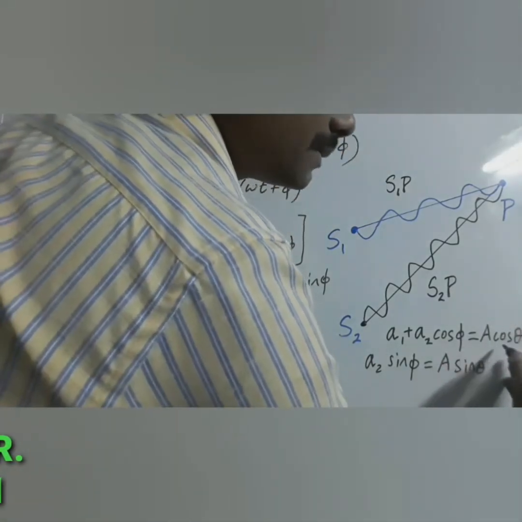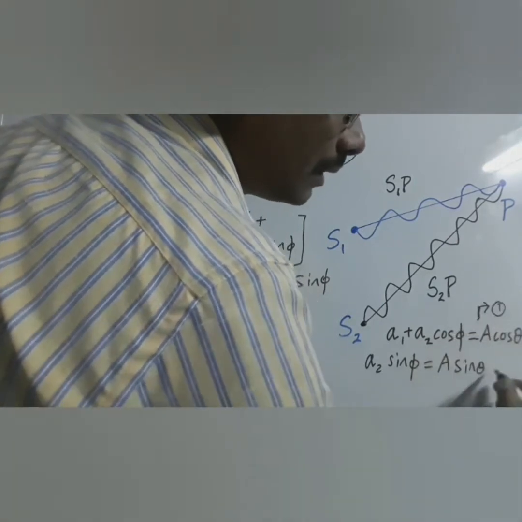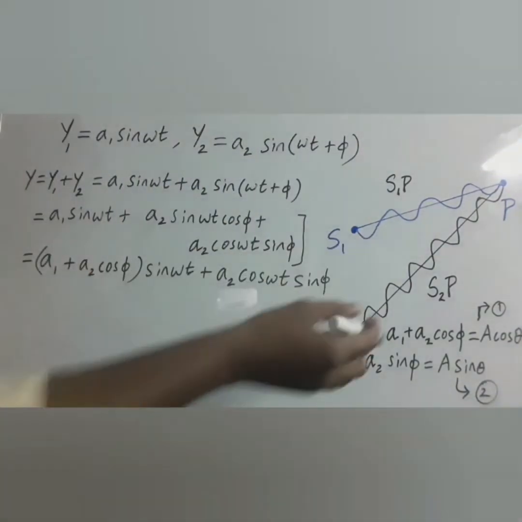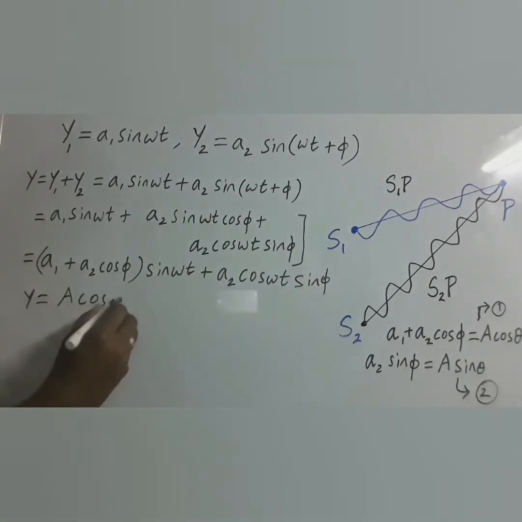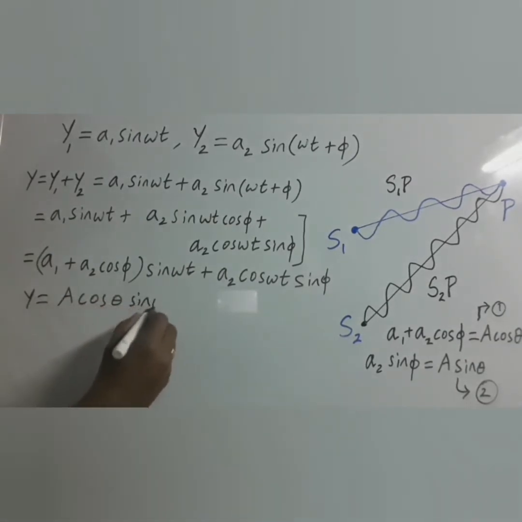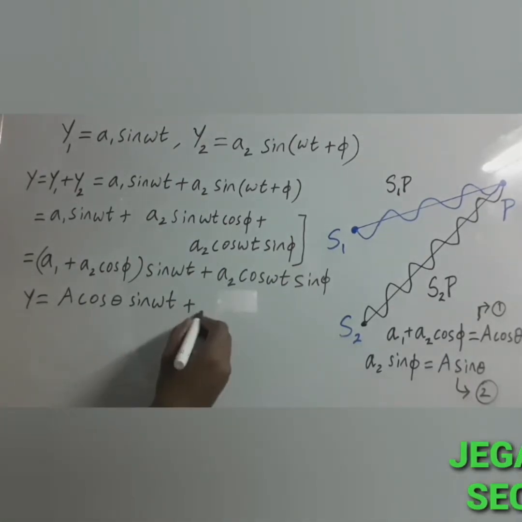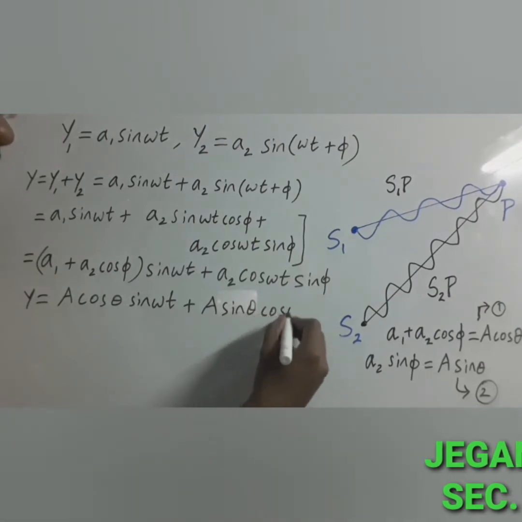Let us take this expression as the first equation, and this as the second equation. So as per the first and second equations, y can be written as A cos theta sin omega t plus A sin theta cos omega t.